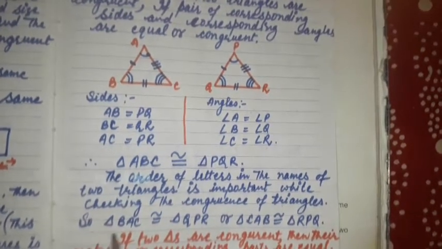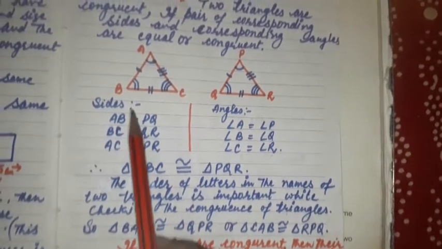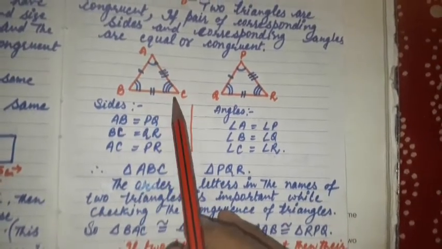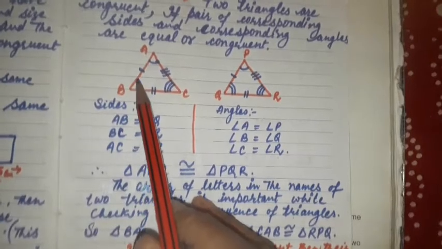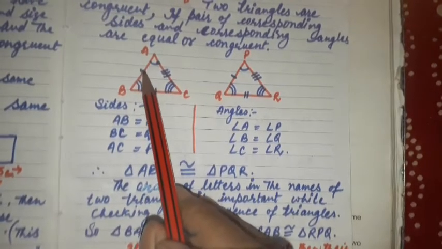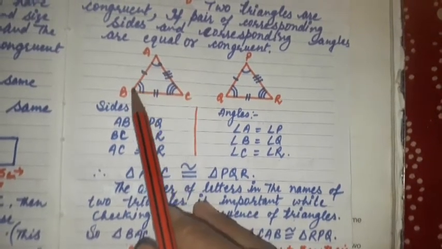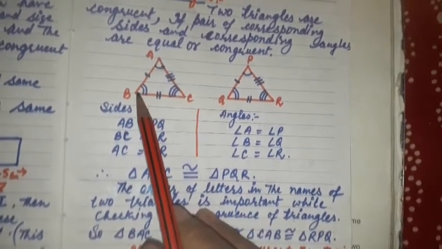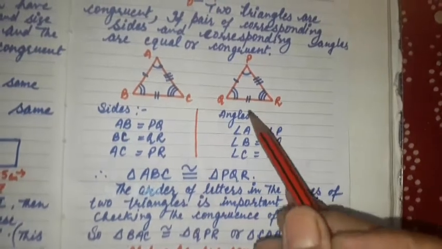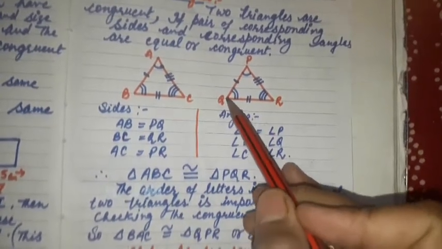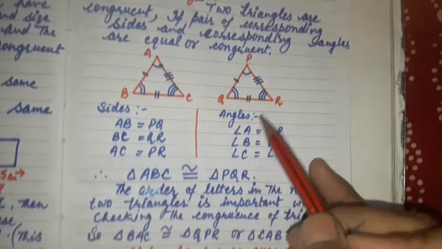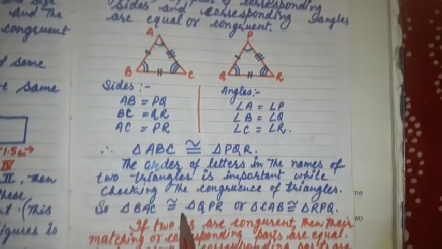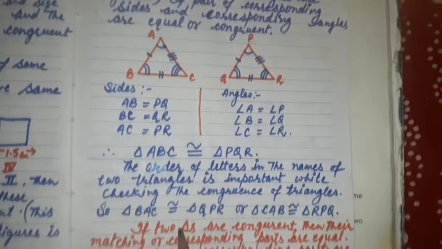For example, if the name of this triangle I have written is BAC, meaning the side with one cut, this side, and then the three cut side, then the name of this triangle is BAC. Then we have to read this triangle as QPR. BAC triangle is congruent to QPR, the same name of this triangle.